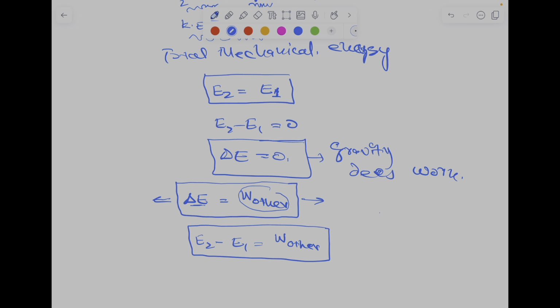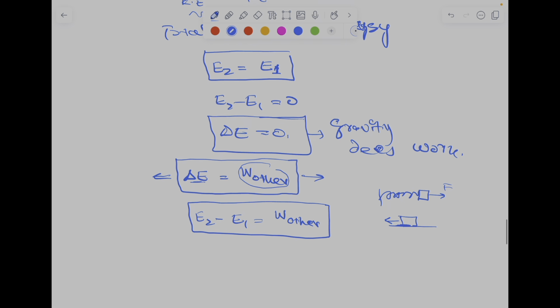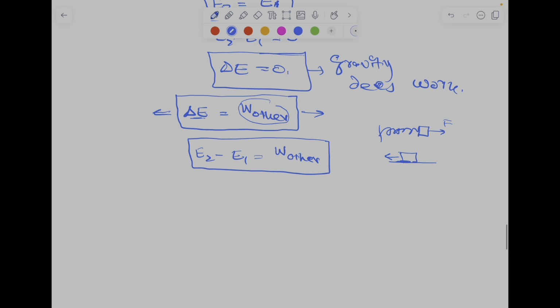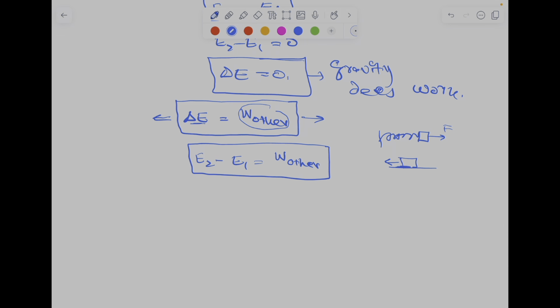For example, in the case of a spring, this is an applied force, okay? And if the object is moving against friction, you have to consider the work done by the friction as well. Okay, so the total energy of the system is conserved only when the gravity does work, only the gravitational force acts on this.